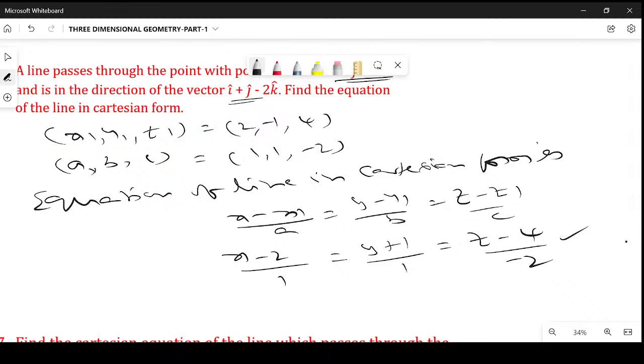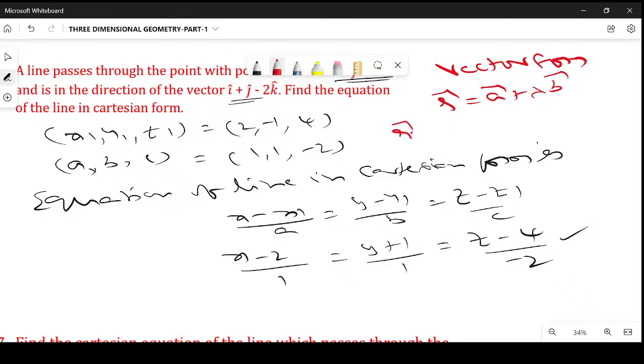Suppose in this problem they didn't ask, if they ask vector form. What is vector form generally? You remember vector form. Sometimes vector form also they will ask. What is vector form? R bar equal to A bar plus lambda into B bar.